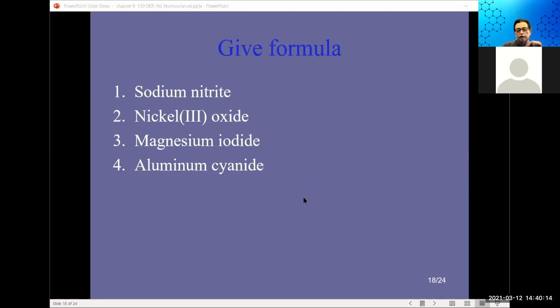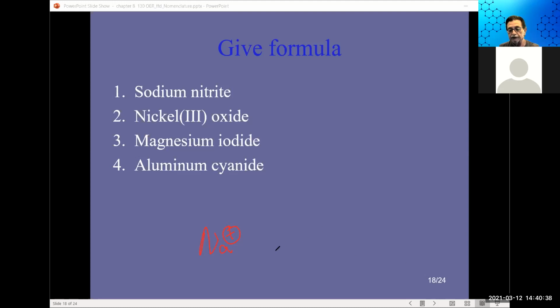All right, write the formula is what they're asking you to do here. Well, if we're given a name, we're going to write the formula. So number one, the first thing to do is first write everything into ions, because you need to know the charge of the ions before you can put them together.